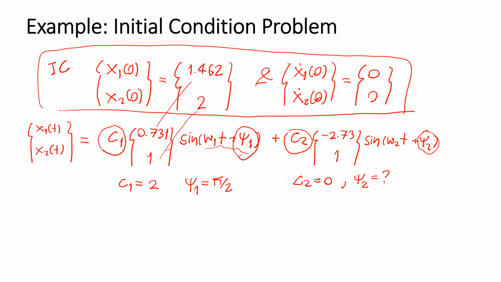It can be anything, because C2 is 0. So in this case, you don't need to solve the complicated equation, but you can look at it by eye, and you can guess the value of C1 and the phase shift.